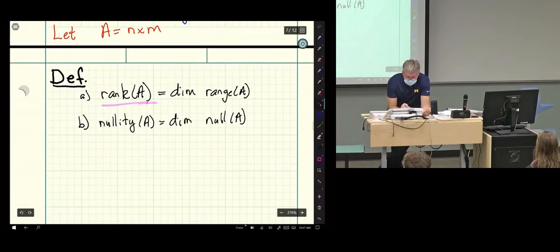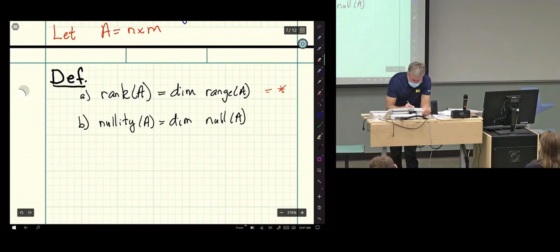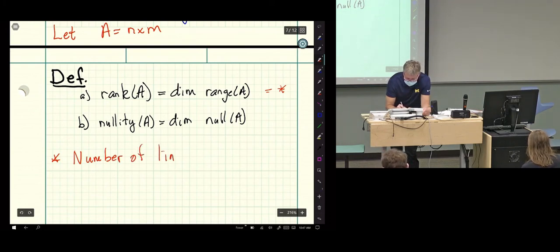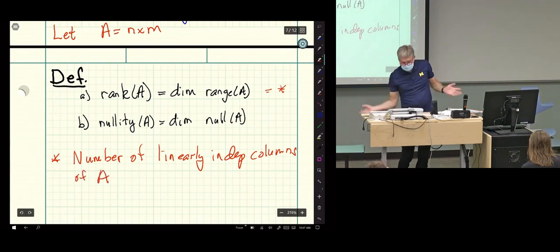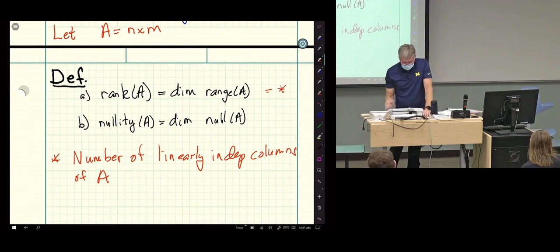We were using this concept before we had the vocabulary to say it's the number of linearly independent columns of A. It's just vocabulary, but a really interesting vocabulary because we look at the span, the dimensions.